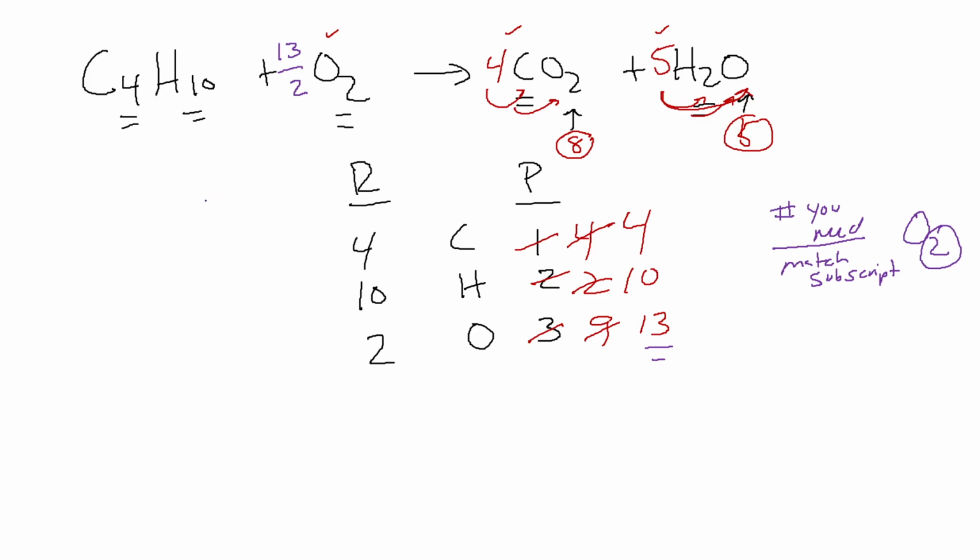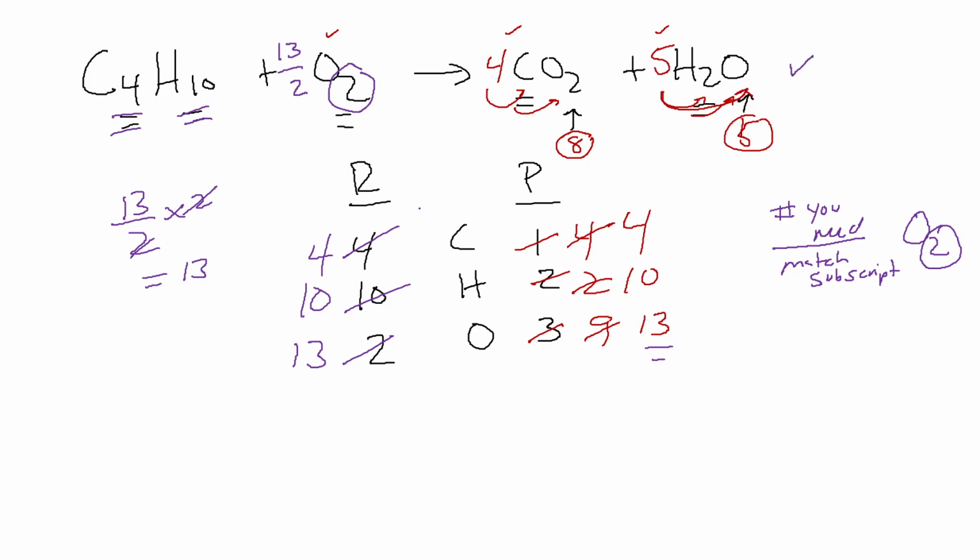Now, if I do that and use something like 13 over 2, I now have on the left-hand side 4 carbons, 10 hydrogens. And when I take 13 halves times the 2, which is the subscript, those are going to cancel and give me 13. And believe it or not, my equation is balanced.